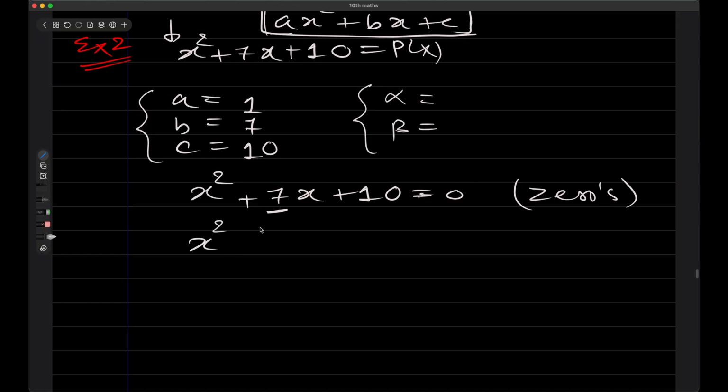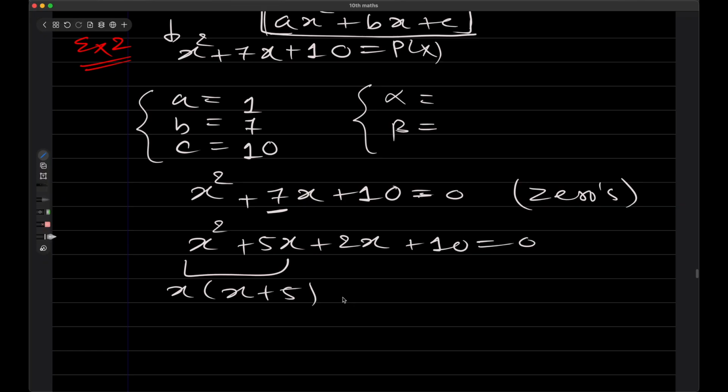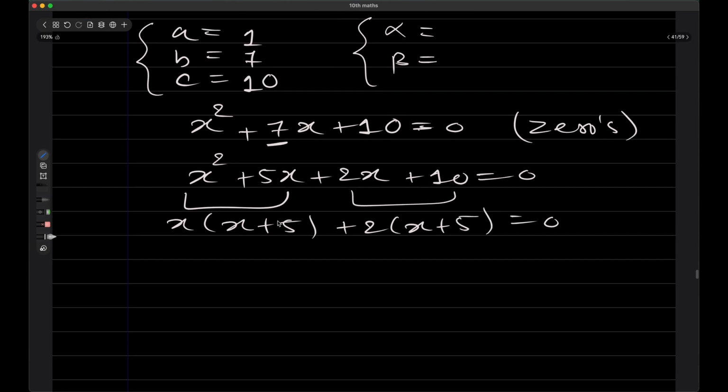So factorize: x square plus 5x plus 2x plus 10 equals 0. From the first two terms, take x as common, x plus 5. From the second two terms, take 2 as common, you will get x plus 5, 2 fives are 10, equals 0. Now from both terms, take x plus 5 as common, in the bracket x plus 2, equals 0.